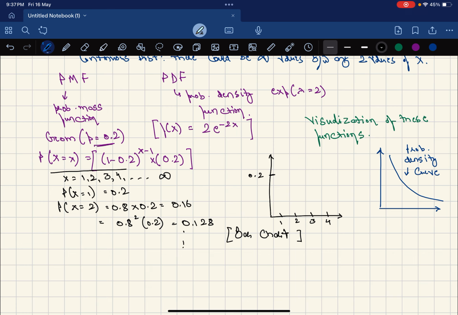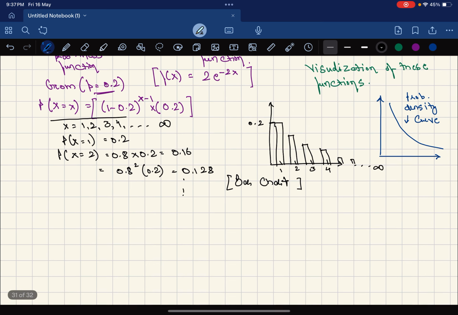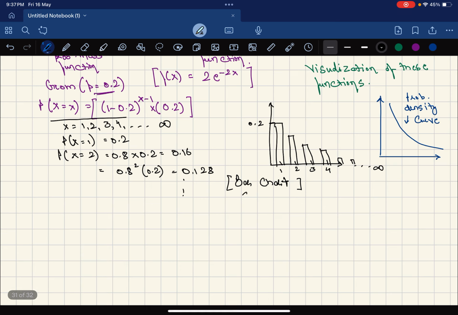A bar chart is nothing but vertical rectangles at each possible value of x. So we have 0.2 for x equal to 1, then 0.16, so let us say it lies somewhere here. Then we have 0.128. It keeps decreasing for each further value of x, and so on, till infinity.